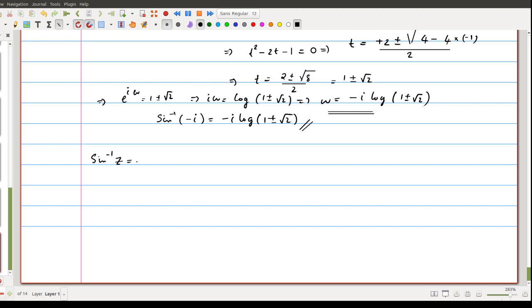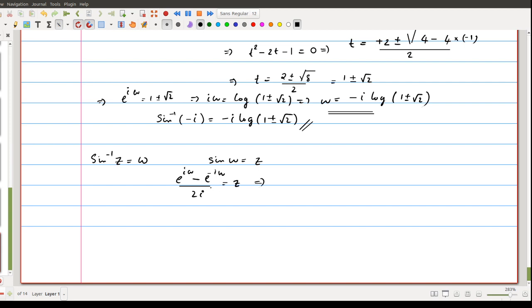Suppose this is omega, then this can be evaluated using the fact that sine omega is equal to z. By substituting the value of sine omega, we get e to the power i omega minus e to the power minus i omega, whole divided by 2i, which is equal to z.